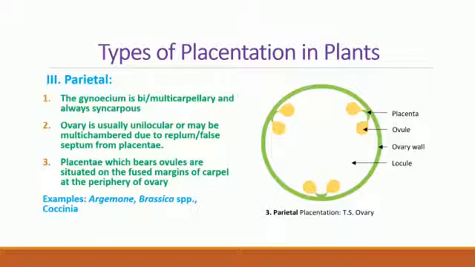The placentae which bear ovules are situated on the fused margin of the carpel at the periphery of the ovary. Therefore, it is known as parietal placentation. Common examples of this type of placentation are Argemone, Brassica species, and Coccinia.